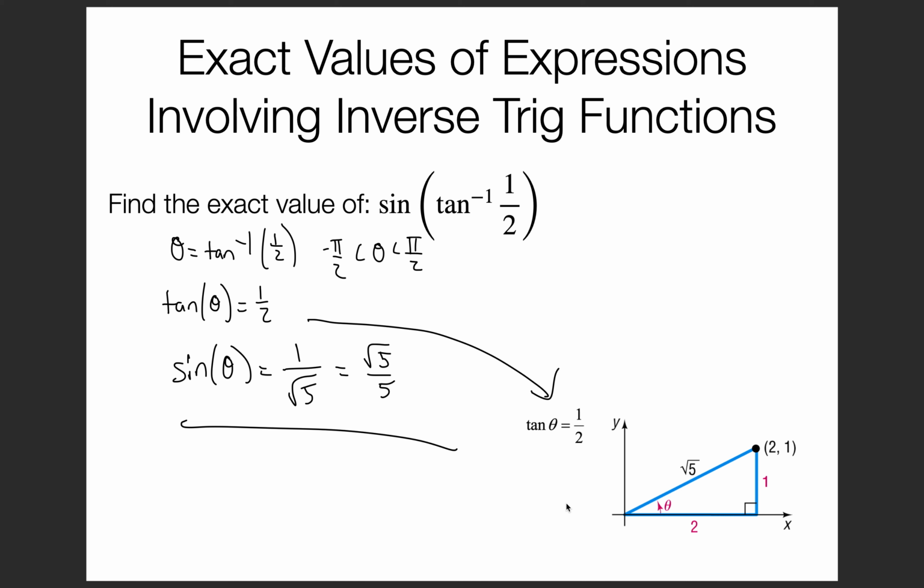I don't really know what theta is, and it doesn't fit any of the 30-60-90 or 45-45-90 triangles that we know. We have the side and the hypotenuse equal to 1 and 2, but not both sides. Because this is tangent, it's not quite what we're used to working with.